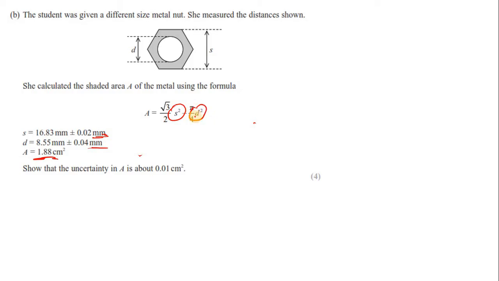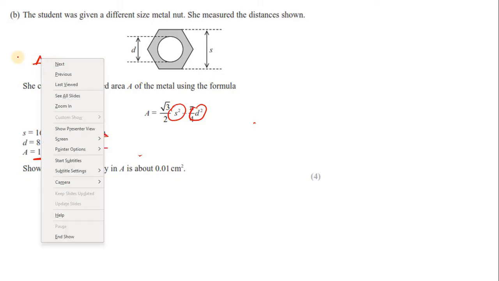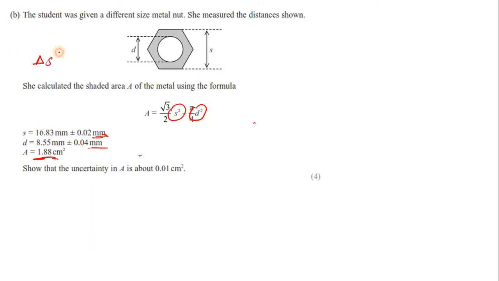So first you need to find the absolute uncertainty in S square, and then the absolute uncertainty in D square, not D, which is already given, D square. And then because in the formula they are subtracting each other, we can add their uncertainties.